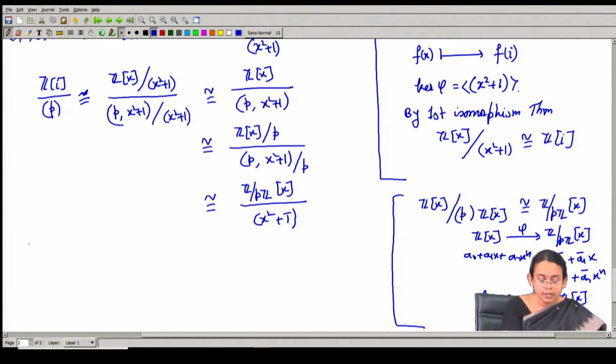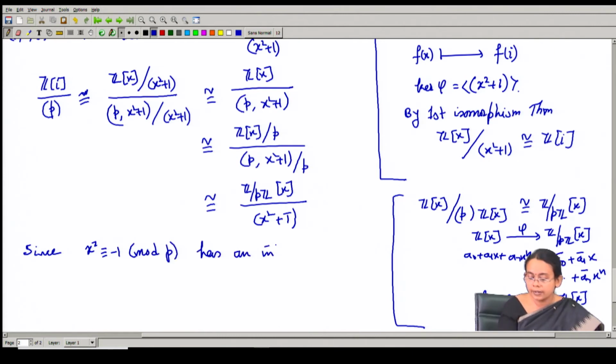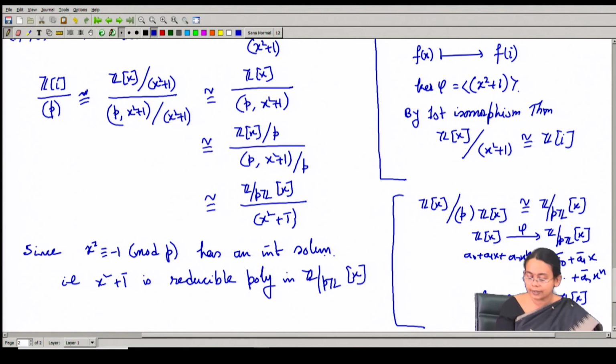So, let me just state it. Since x square congruent to minus 1 mod p has an integer solution, that is equivalent to saying that x square plus 1 bar is a reducible polynomial in (Z quotient pZ)[x].